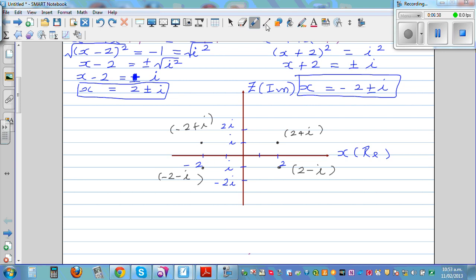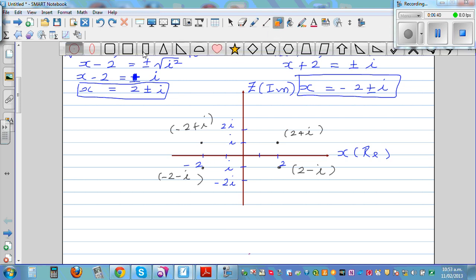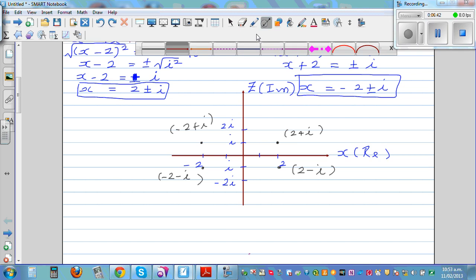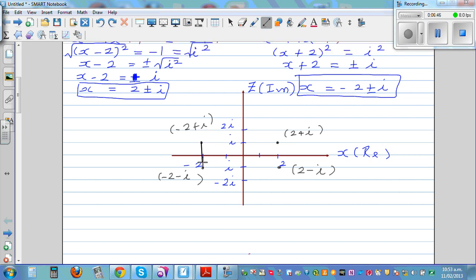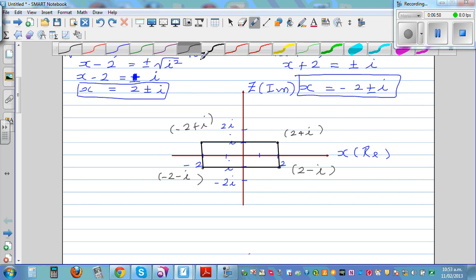Now just to explain one more thing. If you draw a rectangle, you can see the points are on the rectangle. They are also on a circle, because using trigonometry you can understand this length.